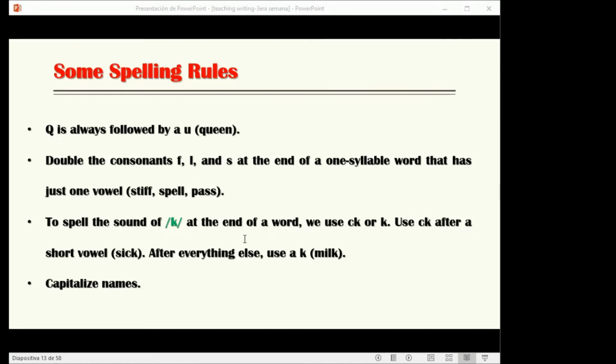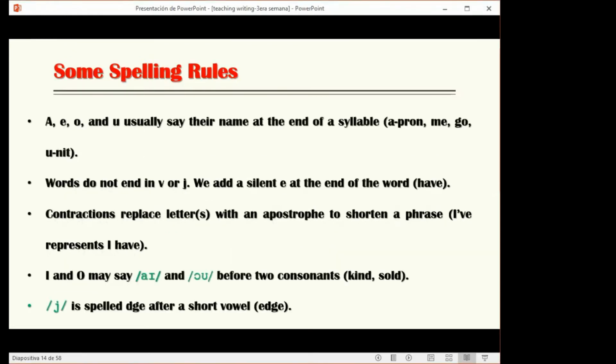And a general rule is capitalized names. We use capital letters with names of people, countries, and so on. More spelling rules. A, E, O, and U usually say their name at the end of a syllable. Apron, me, go, unit.